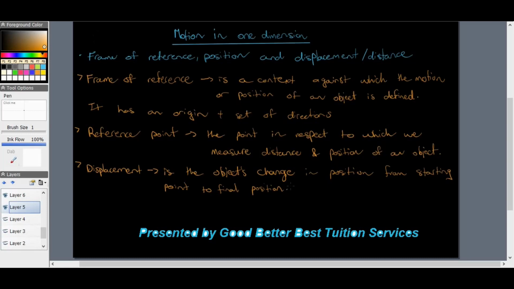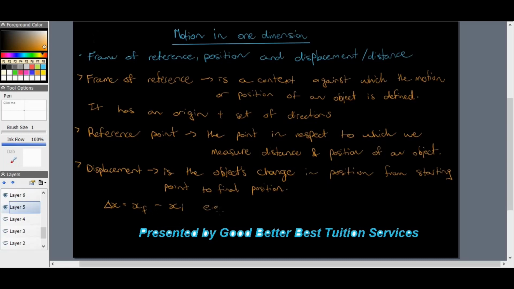I'd have to choose which direction I'm choosing to be positive and which negative, but we'll explain that in just a second. Displacement, delta x, basically means the final position xf minus the initial position xi.